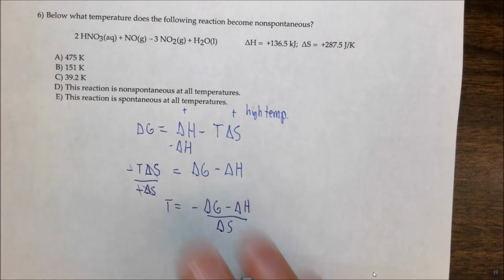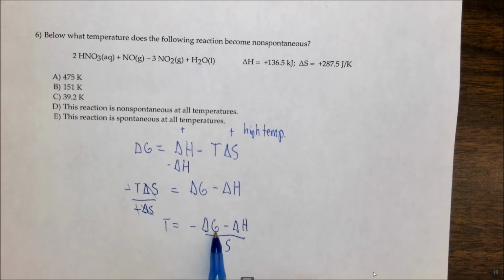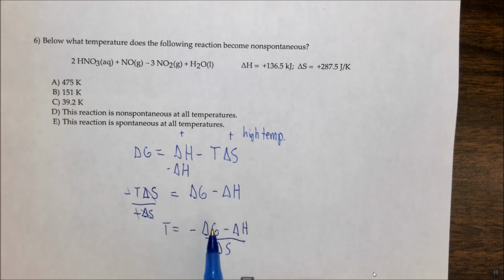Okay, that's all well and good, but this isn't going to allow us to figure this out because we don't know the value of delta G, although I already said it. When delta G is 0, essentially the reaction is at equilibrium. But it's also going to be spontaneous at any temperature higher than that in this case because they're both positive. So we can find the tipping point, if you will.